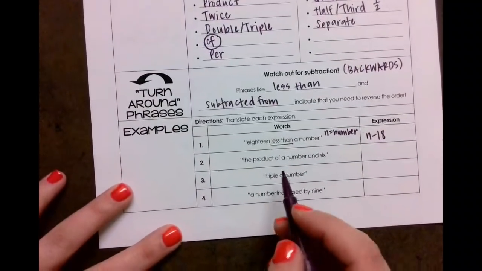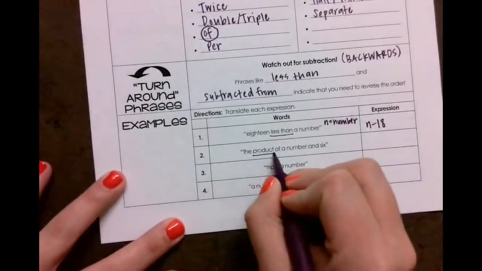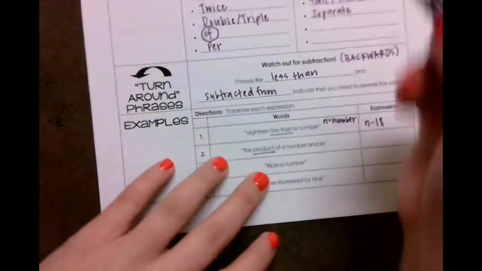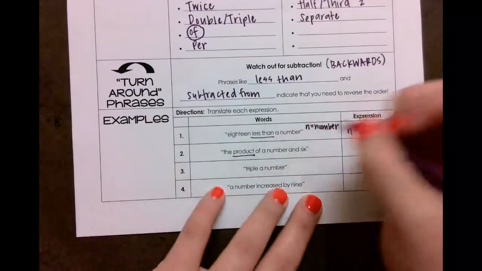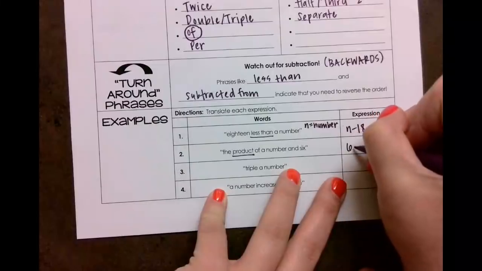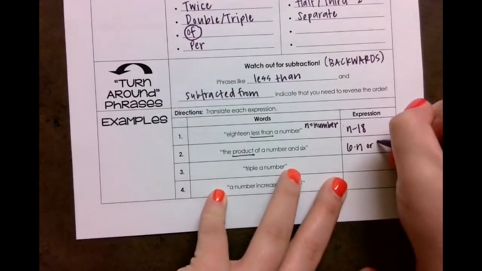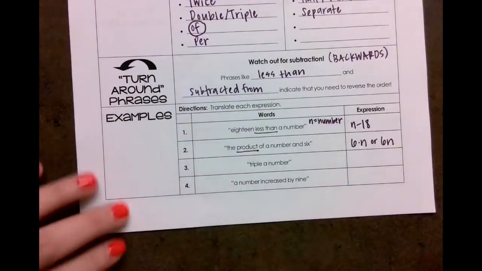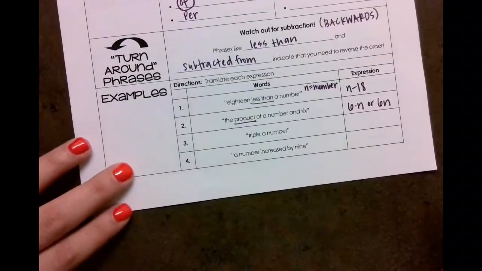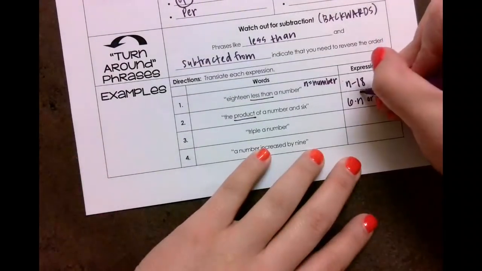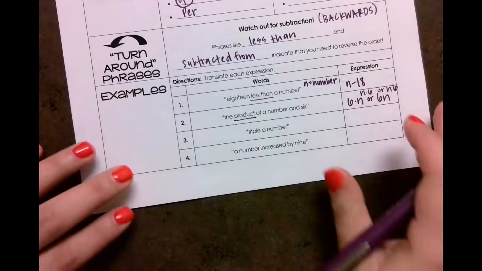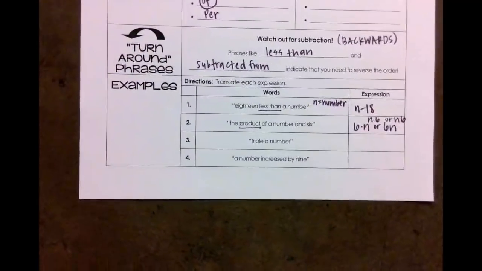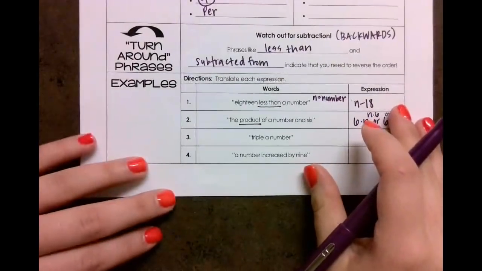Now, the next one, the product of a number and 6. Well, product, if I look back up here, is multiplication. So I'm multiplying a number and 6. So 6 times n, or 6n. Or you can write n times 6, or n6. Those all mean the same thing. Alright, triple a number.